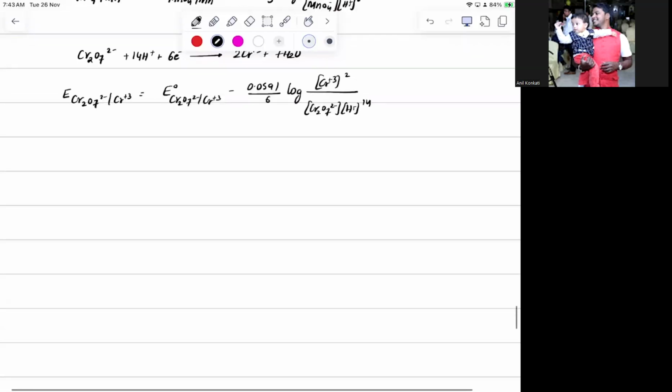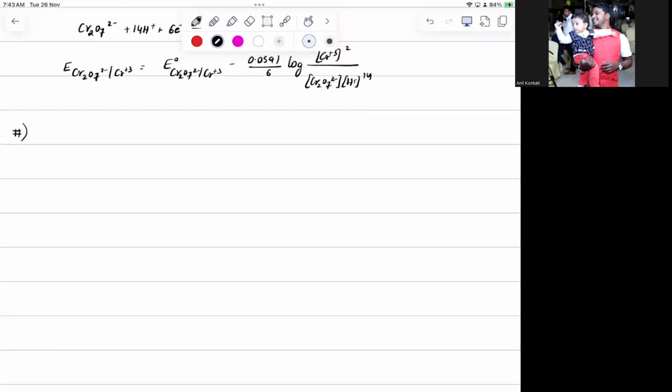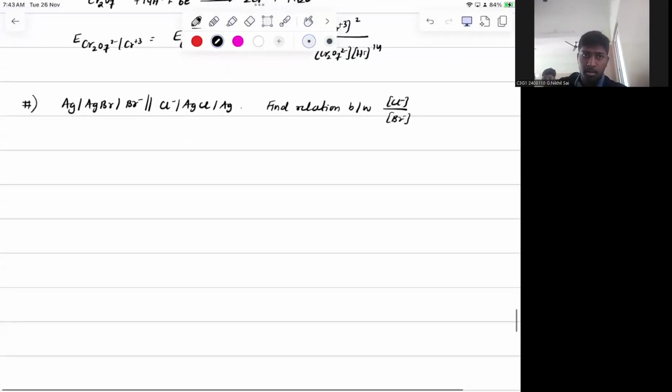Now, let me show you how the questions are typically framed. The first question type: a cell is given like this, silver, AgBr to Br minus, then a salt bridge, Cl minus to AgCl to Ag, which is getting reduced. He asks to find the relation between Cl minus and Br minus.